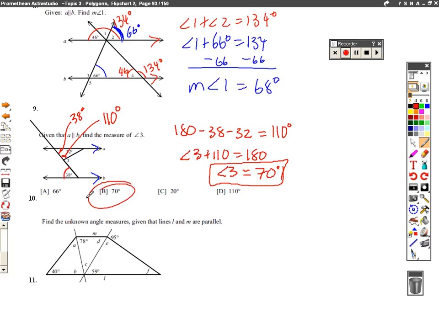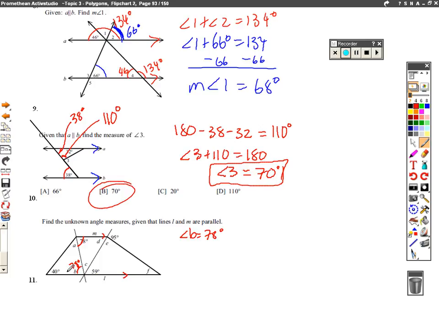Here we want to find all of the unknown angle measures, knowing that this line is parallel to this line. And we kind of have a whole mixture of stuff we have to look at here. Alright, transversal. If these are parallel and this is a transversal, then this angle and this angle are congruent because they're alternate interior angles. So this guy is 78. So that tells us that angle B is 78 degrees.